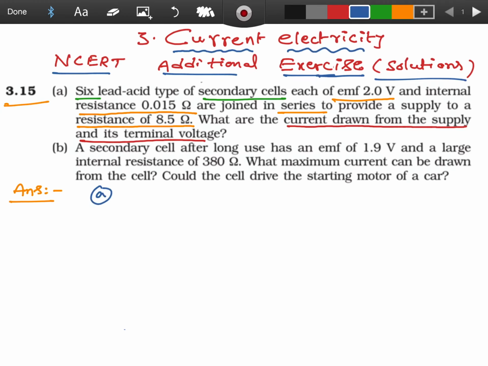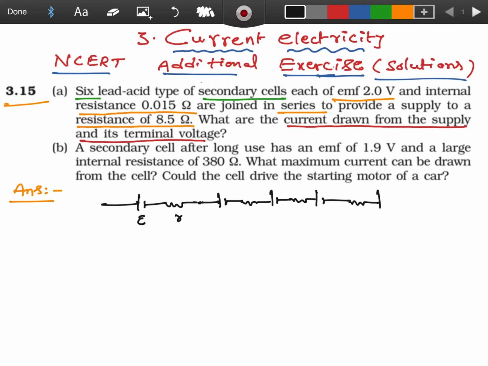Okay, take the data one by one. Before taking the data, just represent it in a circuit diagram. Total 6 secondary cells are there, each with EMF E and internal resistance R: 1, 2, 3, 4, 5, 6.